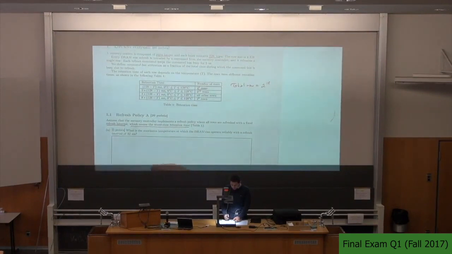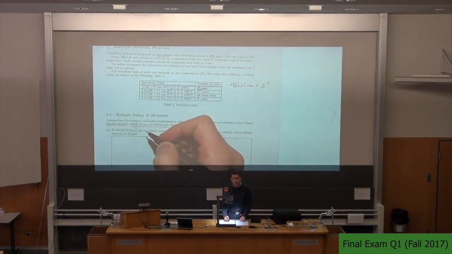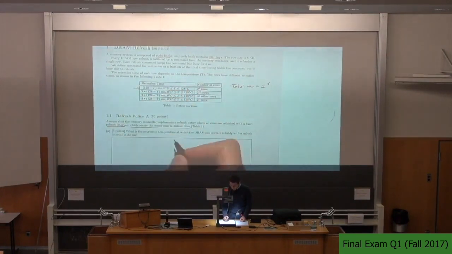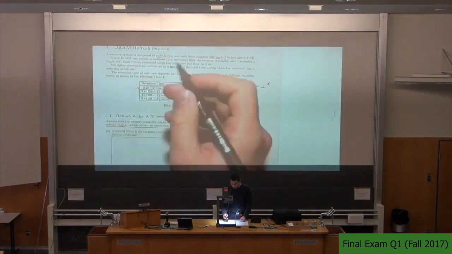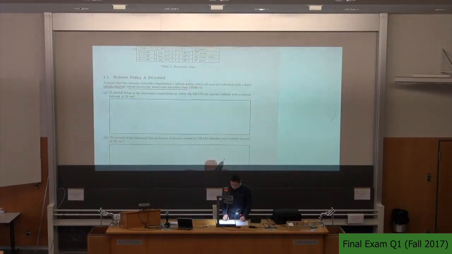Given a temperature, it refreshes all the rows according to the row with the lowest retention time. According to this table, we will have our smallest retention time here, because it will always give us the smallest retention time unless the temperature is 0.